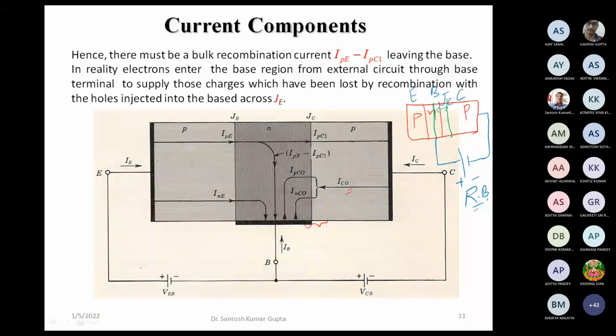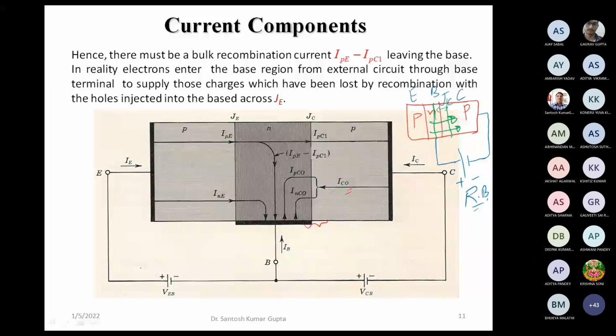The electric field, as we have already seen, is oriented from base to collector side. Because the collector junction is reverse biased, the depletion region is significant here.